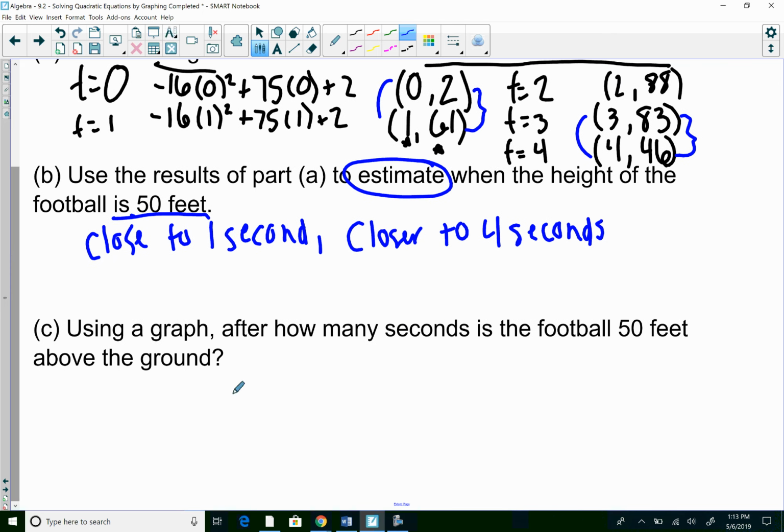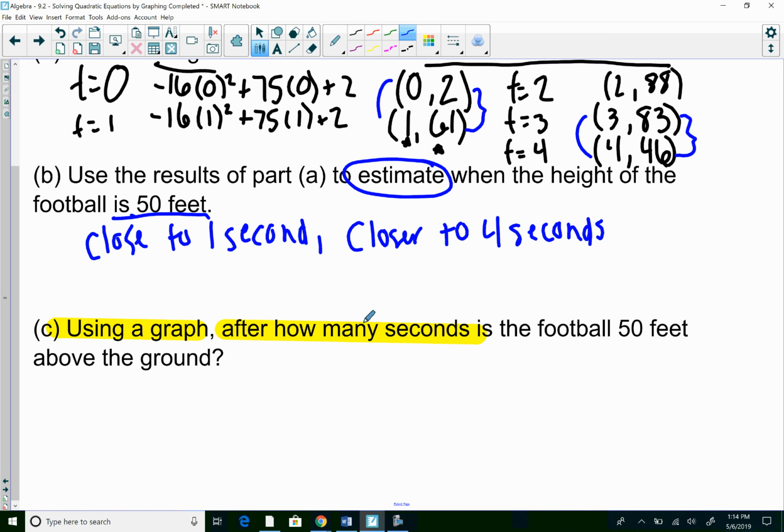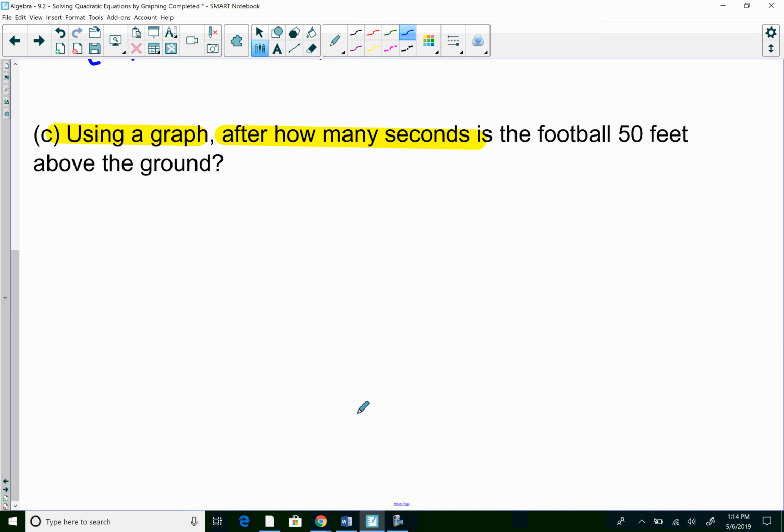Okay, then for part C, it says using a graph, after how many seconds is the football 50 feet above the ground? Here's what they basically want us to do.